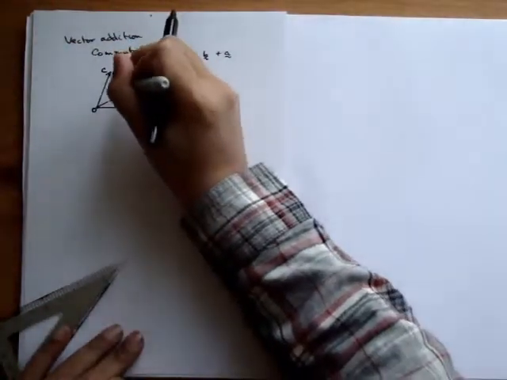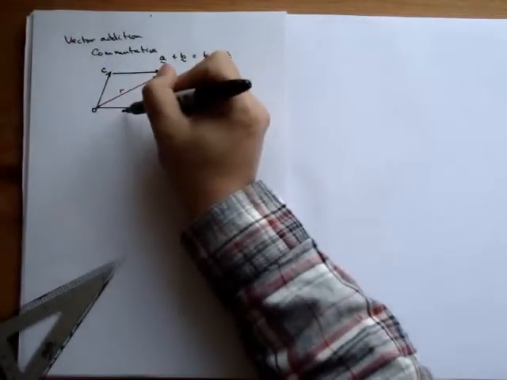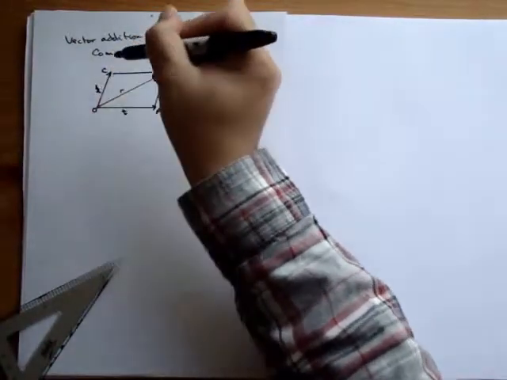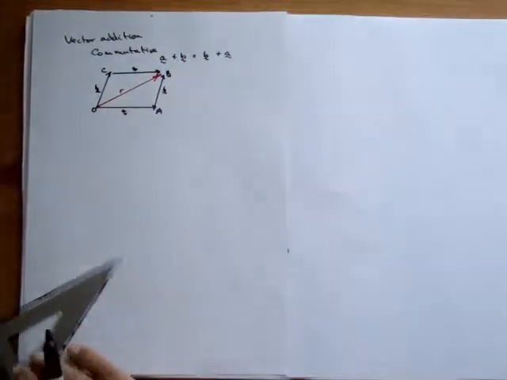This is R, and this would be A, this would be B, similarly this would also be A, and this would be B.